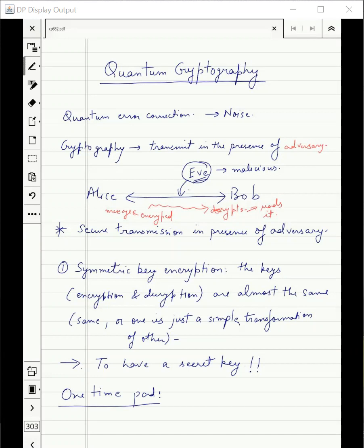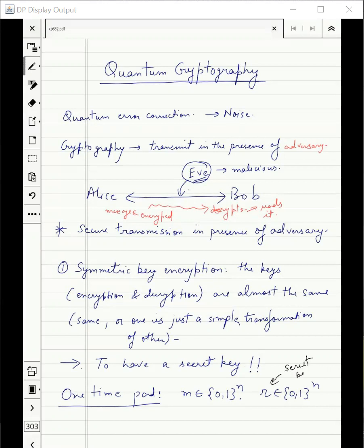Suppose my message is a string of length n. M is an element of {0,1}^n. I can obviously write any message as a binary string of some length. Let's say this is my message. Then I pick a random key, or the secret key R, which will be shared between Alice and Bob.